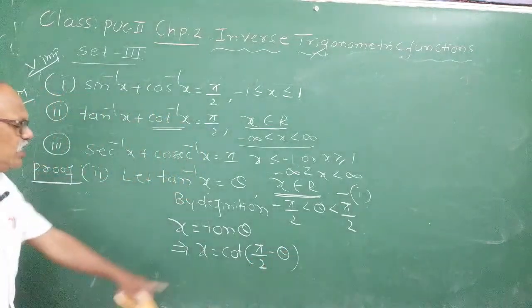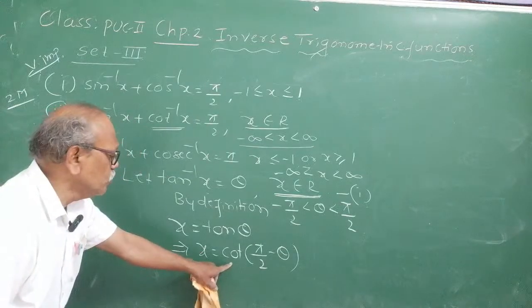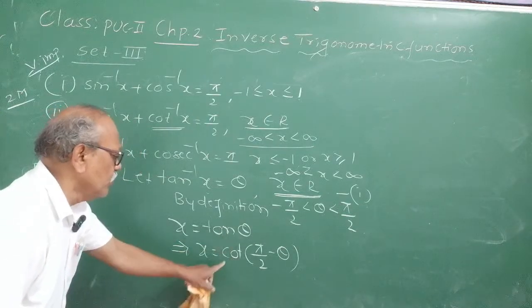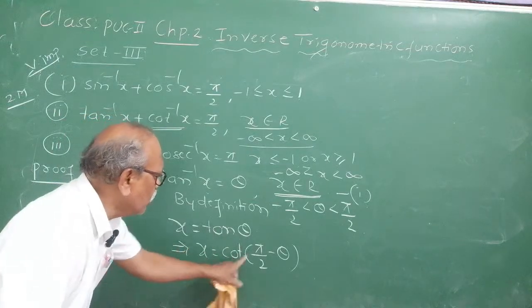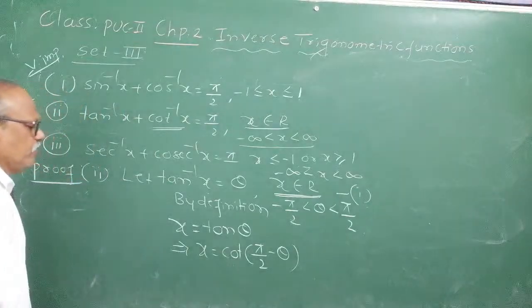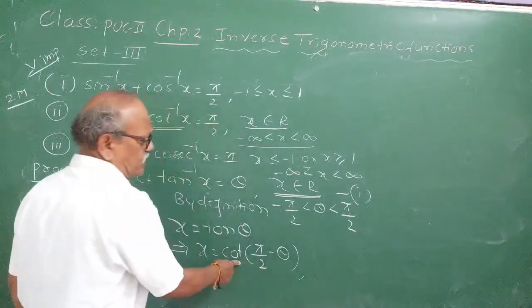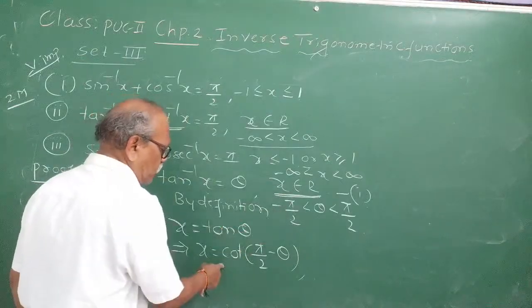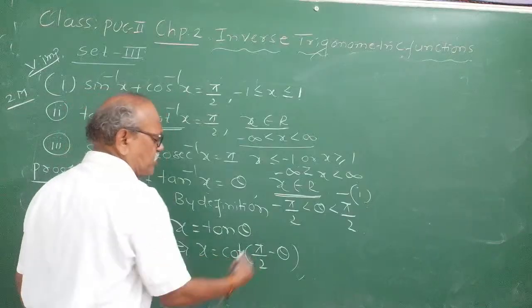Can I write it? Cot of pi by 2 minus theta, co-ratio, right? Co-ratio of tan is cot. Therefore, in the first quadrant, cot is positive, cot of pi by 2 minus theta, right? Now the cot condition is also satisfied here. The same condition holds good for cot also, right? Pi by 2 minus theta comes in the first quadrant.